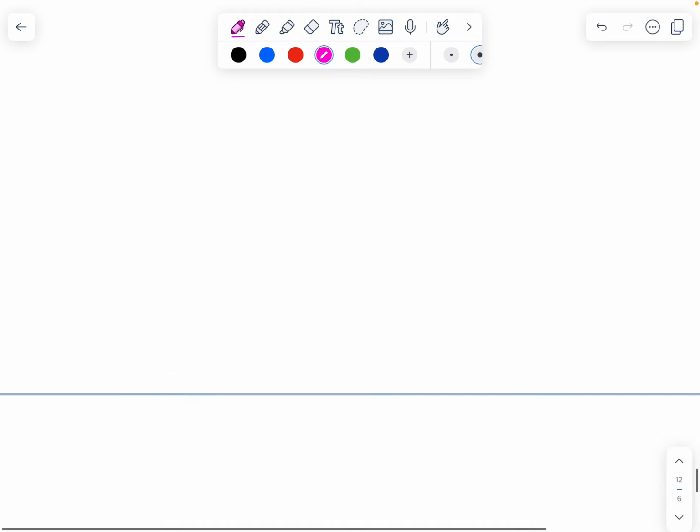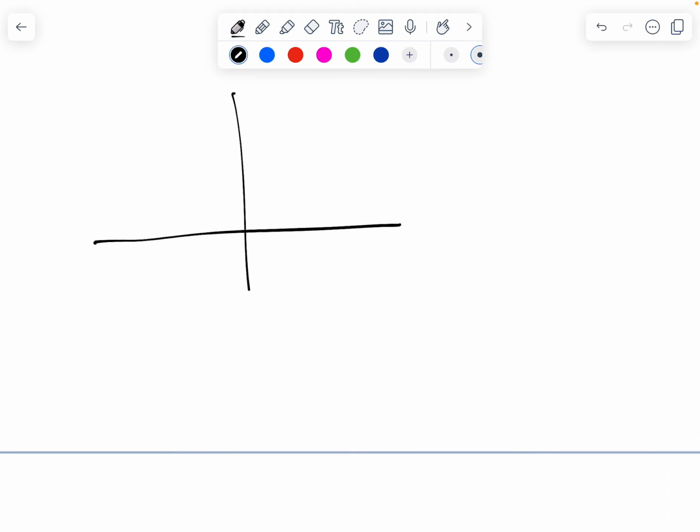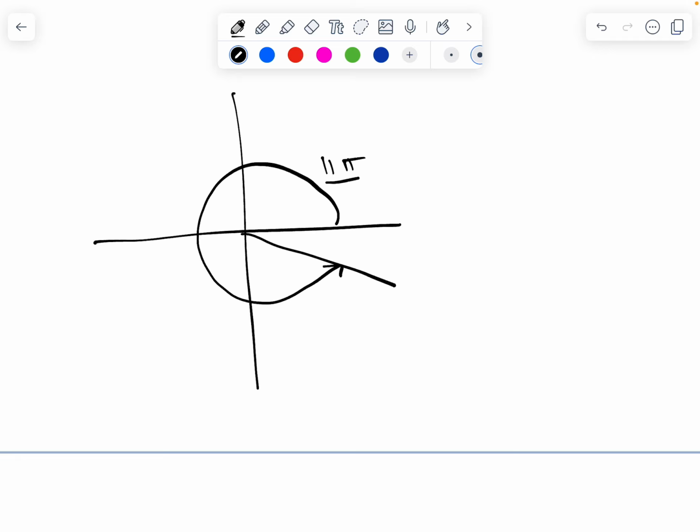Okay, last one, let's do this one in the 4th quadrant. What if I had this angle, which is 11 pi fifths? No, 11 pi, what am I thinking? Let's do 9 pi fifths.